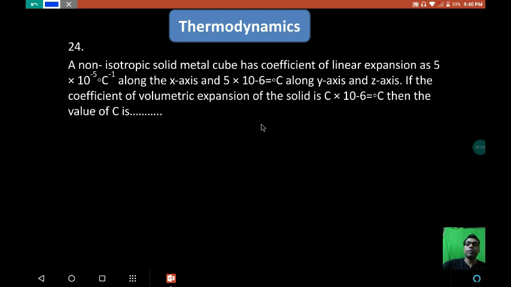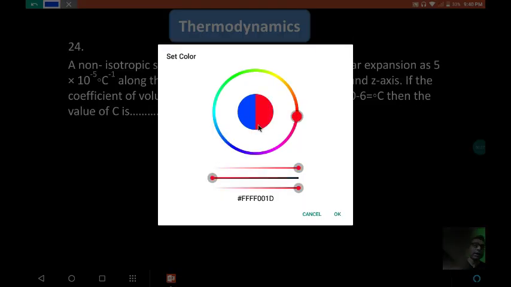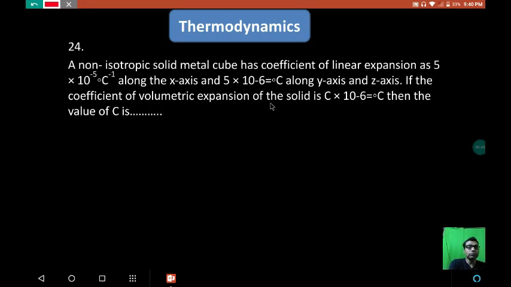The value of c can easily be calculated. We know that the linear expansion in x, y and z direction is given to us. Simply, the volumetric expansion is equal to the linear expansion in x plus linear expansion in y plus linear expansion in z. So we put the values of alpha.